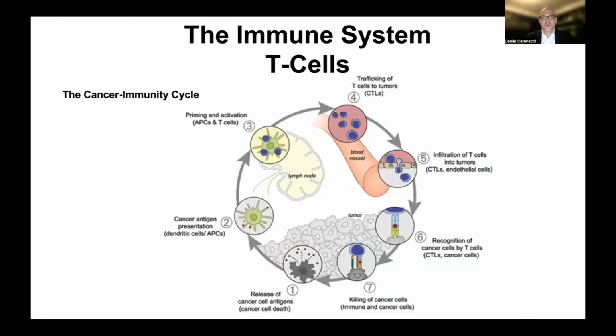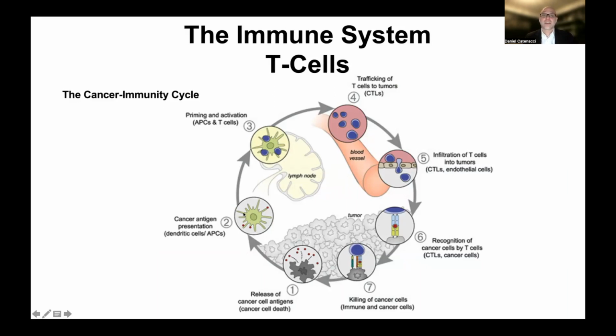So to summarize what we've talked about so far in this cancer immunity cycle, we talked about cancer cells in the tumor, how they're proliferating, they're dividing, there's some cell death, there's some release of cancer cell antigens, DAMPs, and this will travel through the lymph system to regional lymph nodes. These lymph nodes have a lot of different immune cells.